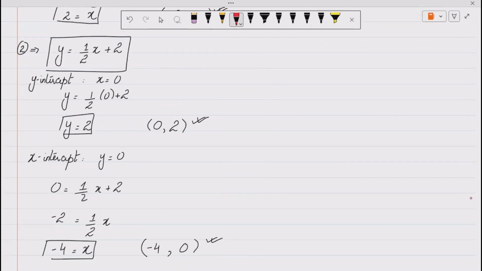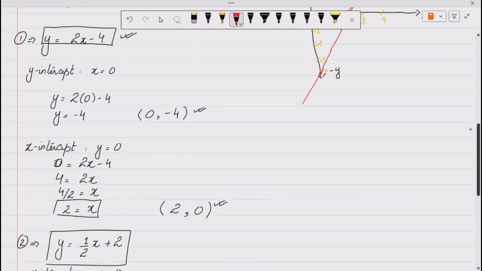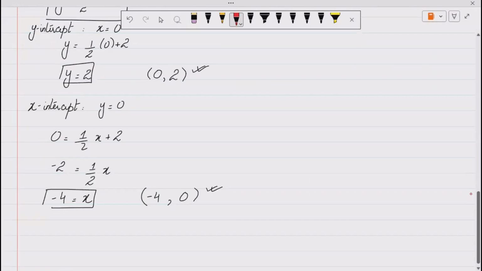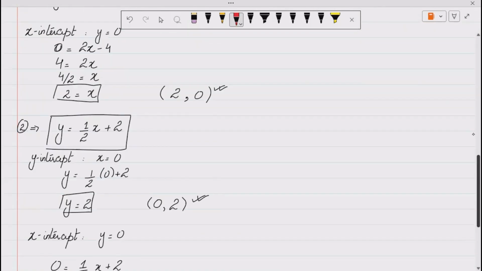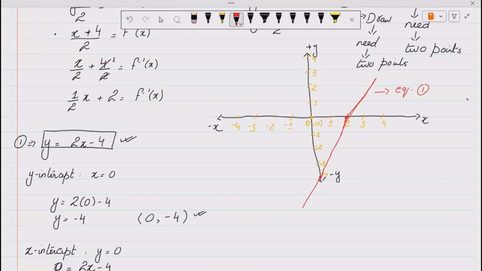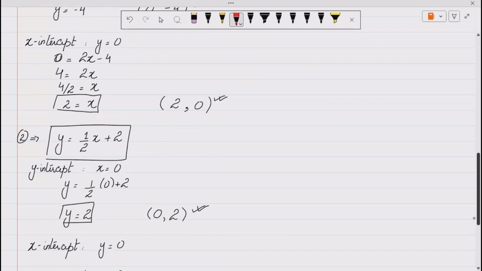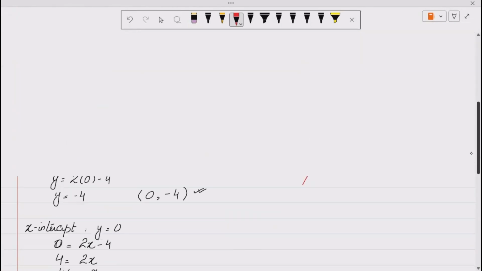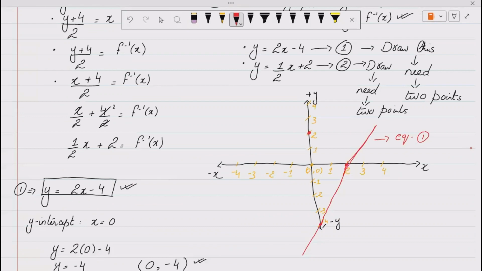0, comma 2 means y is 0, x is 2, right? x is 0, y is 2. So x is 0 here, y is 2 here. In the same way, -4 is x. So -4 for x is here, right?